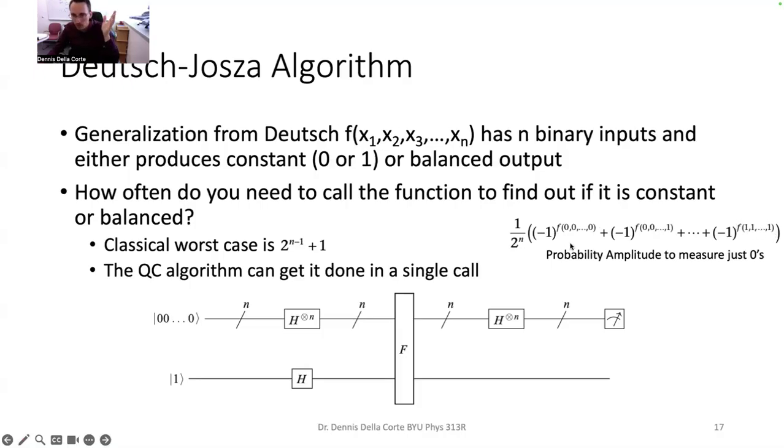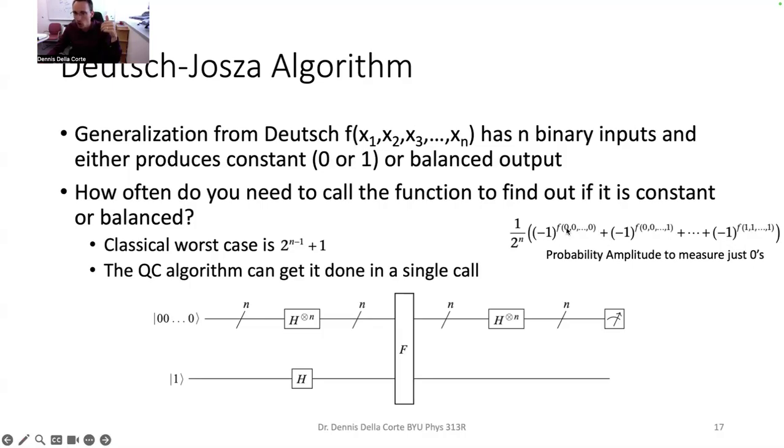And now, if you think about this, this is going to be the sum over all of the minus ones exponentiated with what the f function produces. If the f function always produces zeros, then you are just going to add up ones.